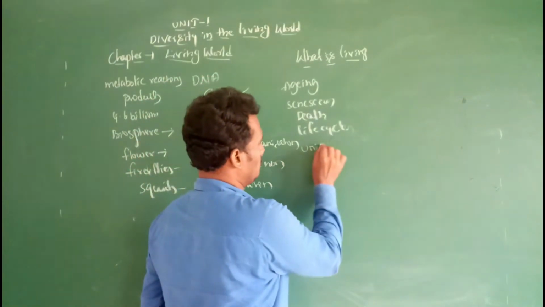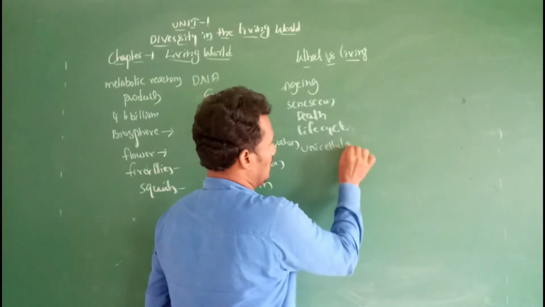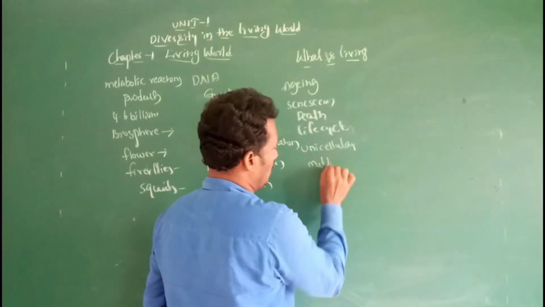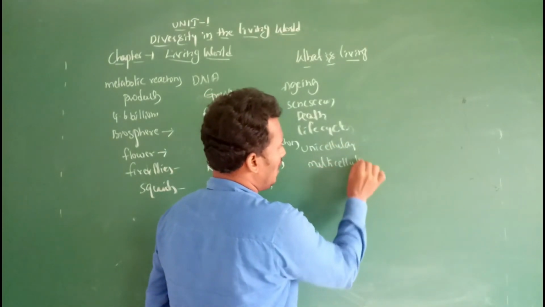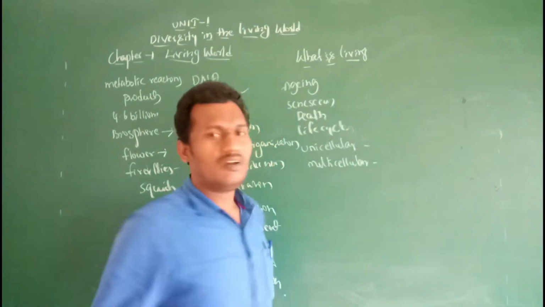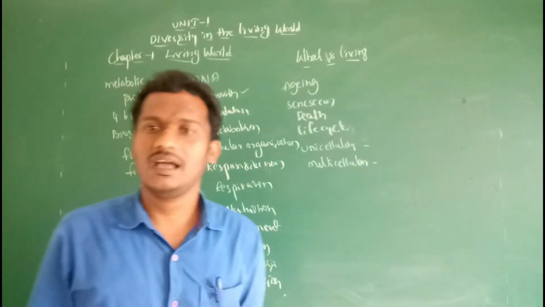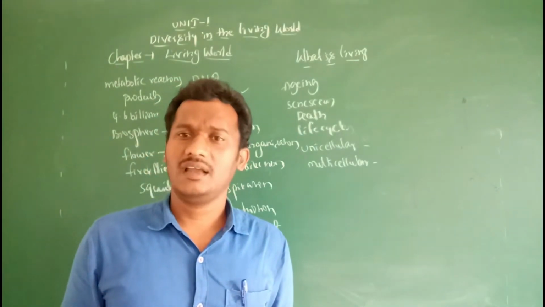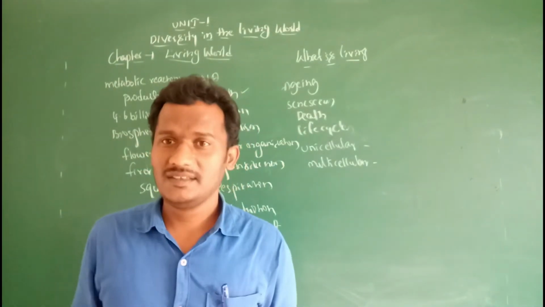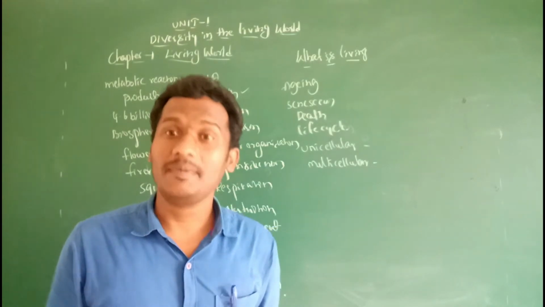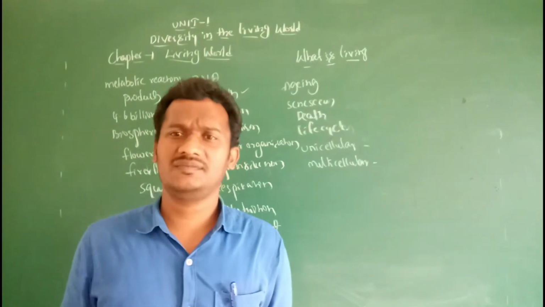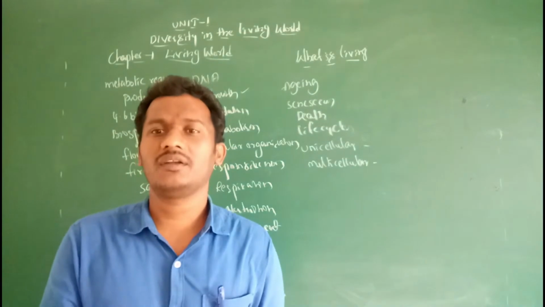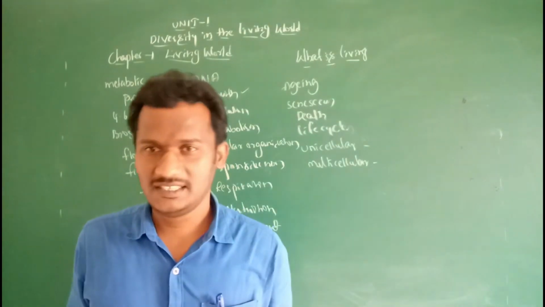Unicellular organism, then multicellular organism. Unicellular means an organism completes its total life cycle by a single cell. That means these organisms have the capability to perform all activities required to complete the life cycle.